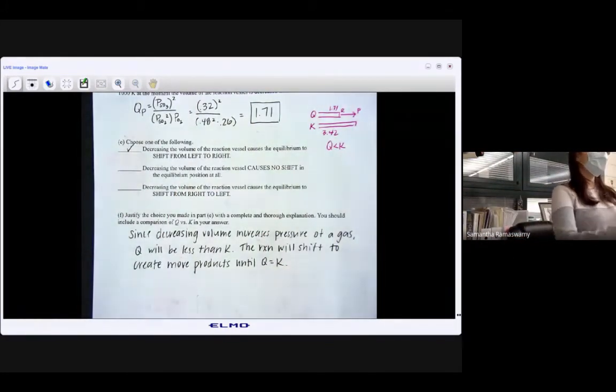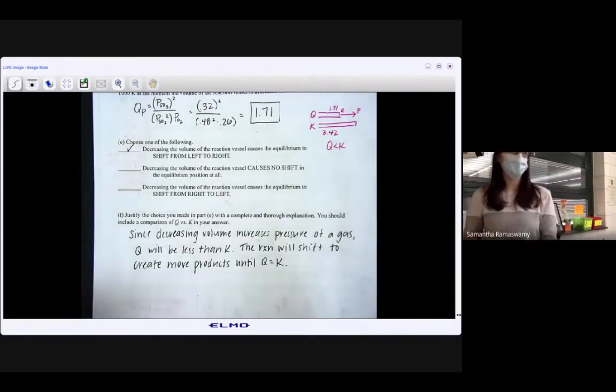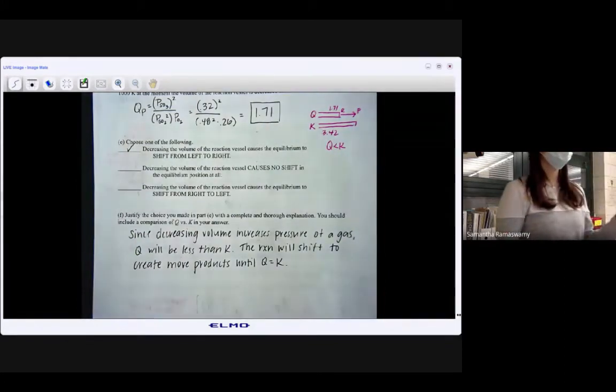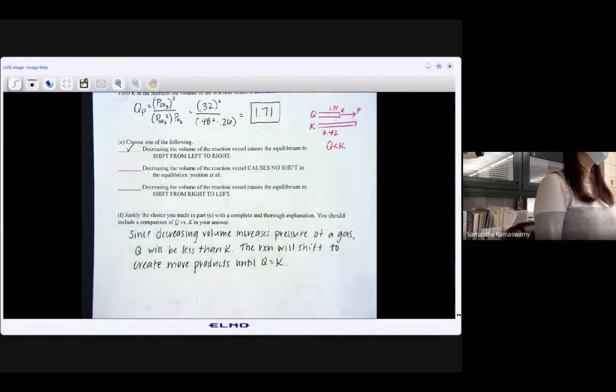We increase the amount of products, we're increasing our value of Q until it gets back equal to K. This is actually why when we decrease volume, it shifts to the side with, in this case, the least moles of gas. It's actually still Q versus K.